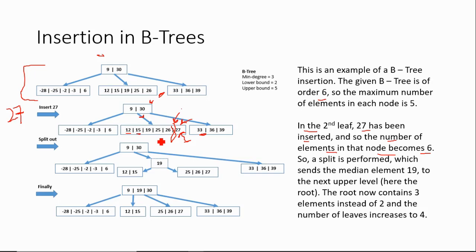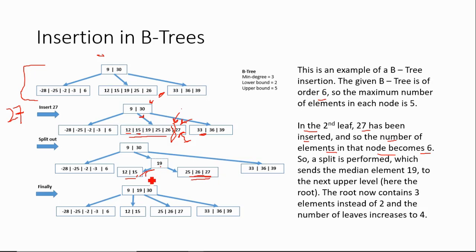Now, how do we perform the split? We divide this particular node into two other nodes. After we have split the node, the first node contains 12, 15 and 19, and the second node contains 25, 26 and 27.